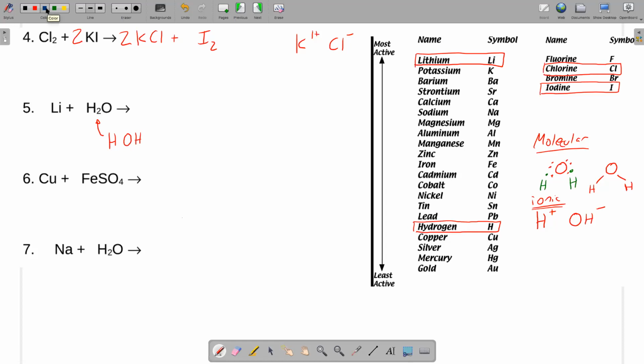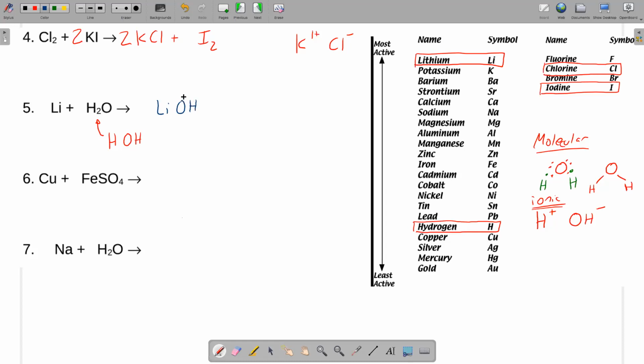You need to make a comparison though. Lithium's up here, hydrogen's down there. So what lithium could replace is hydrogen, but not both the H's, just one of the H's. So instead of it being lithium and then hydrogen hydroxide, because that's kind of an alternate way to name water, like hydrogen hydroxide, instead you get lithium hydroxide.